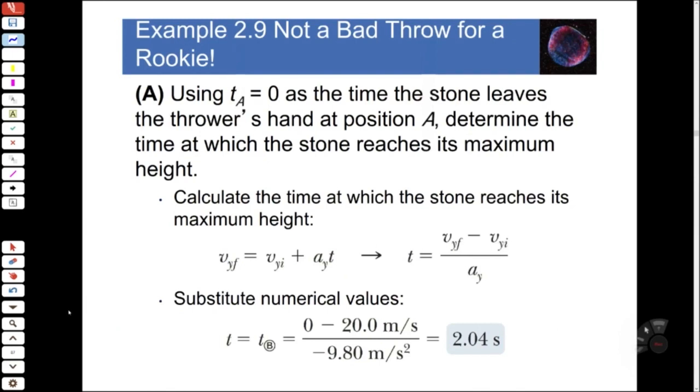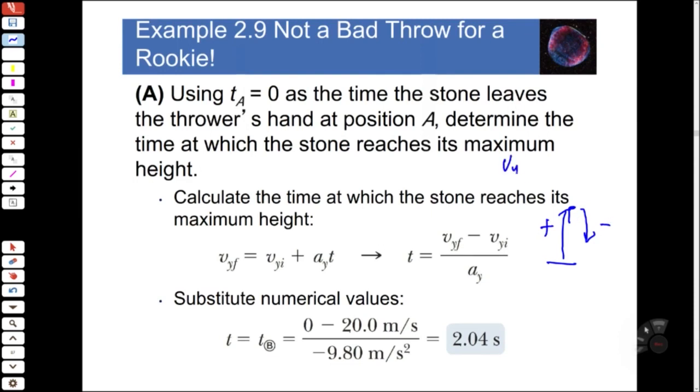So for example, I will not go through all the examples, but just for example, when you start from here, when does it reach the maximum height? The maximum height will be reached when the stone begins to fall down. So the velocity changes from positive direction to negative direction.